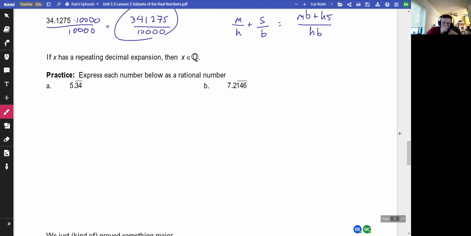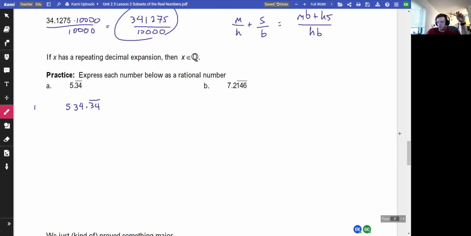Wait, how can we show this? Well, can we do the strategy that we had over there where we multiply by something to get rid of something? If you multiply by 10,000 to move that decimal over, and if I multiply by 100, I'll move the decimal over, but we didn't get rid of the decimal though. That's true.